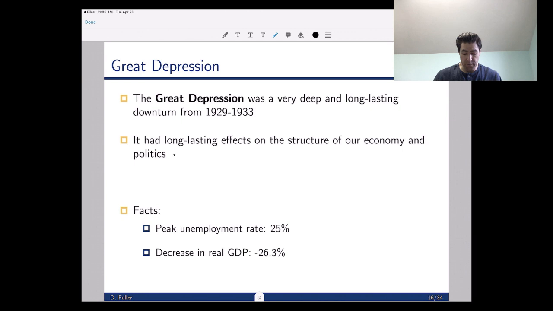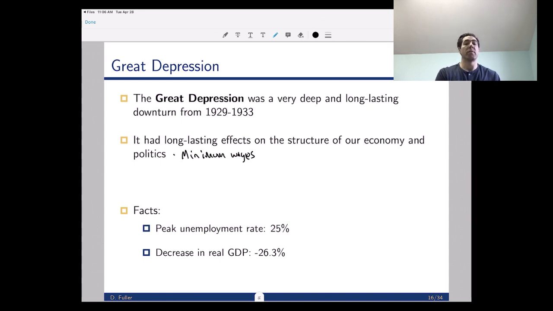So what are some of those things? Well, we've talked before in class about the minimum wage. The federal minimum wage was something that was adopted, as we discussed before, in 1938. So that was coming out of the Great Depression. People were concerned that even if I was lucky enough to get a job, it wouldn't pay enough.